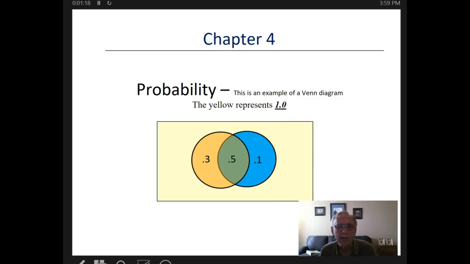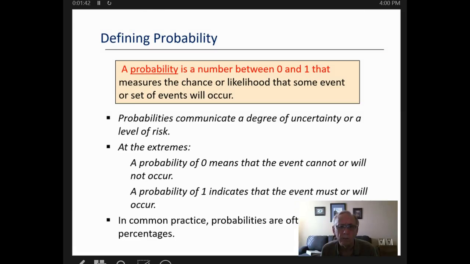In this case, we've got the blue representing 60%, the 10% plus 50%, and an overlap with the orange overlapping from 30% to 50% for a total of 80%. There'll be lots of questions on that, and we'll learn a bit later in the chapter how this is a useful tool.